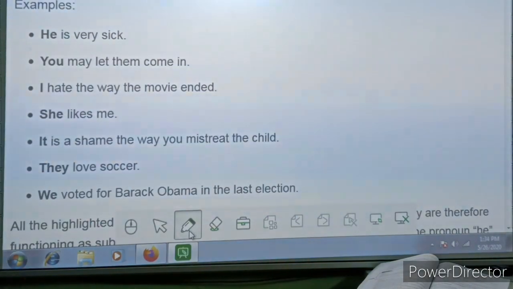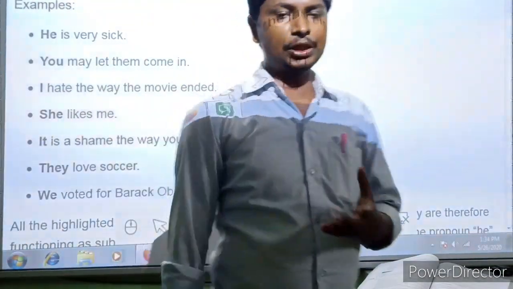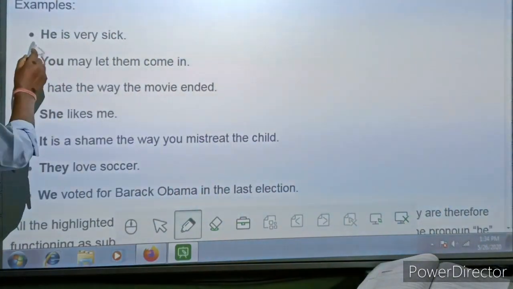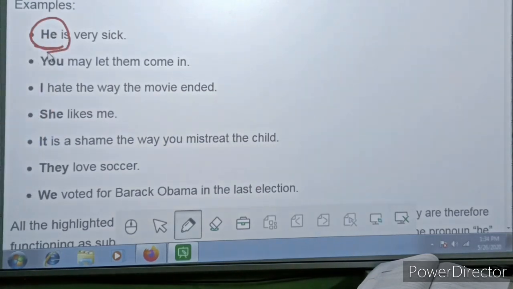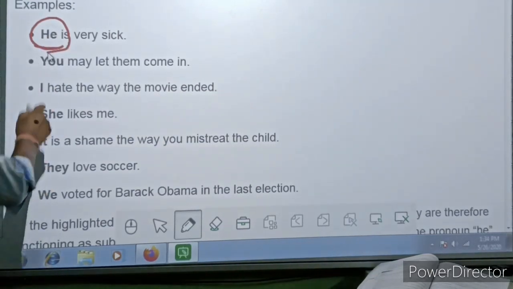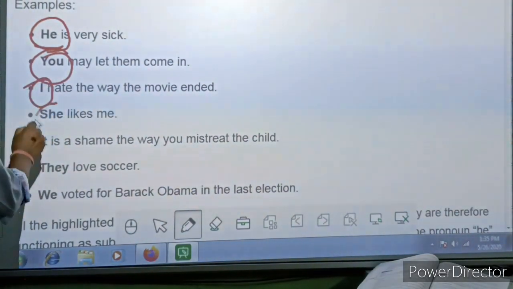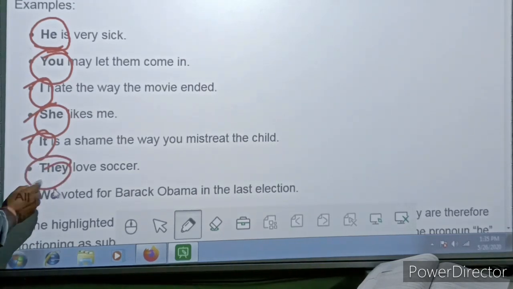Here are given some examples of how a pronoun can be used as a subject of the sentence. You can see on the board the underlined or circled words: he as a personal pronoun, you, I, she, it, they, we.